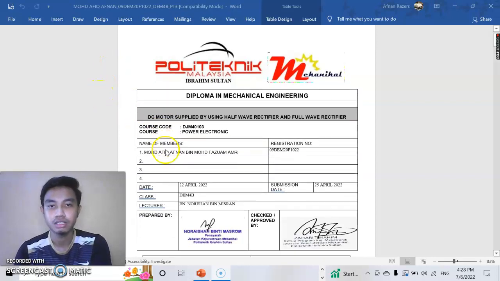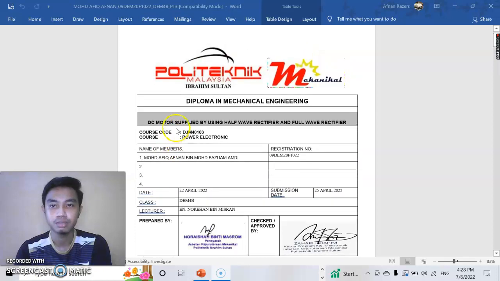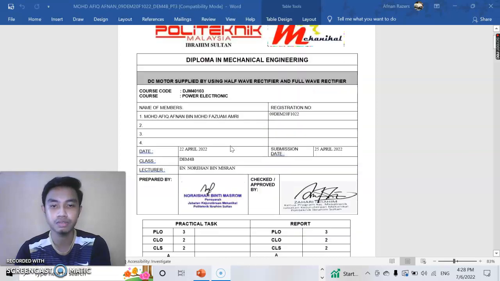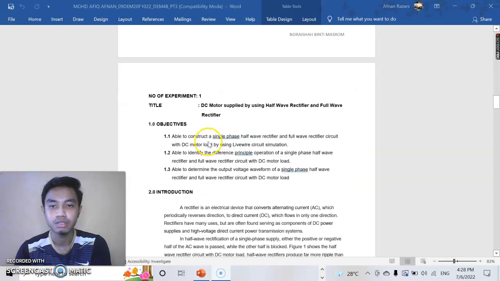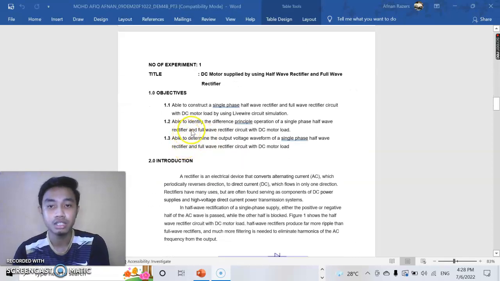So today we'll explain about the practical task 3, DC motor supply by using half wave rectifier and full wave rectifier. First of all, I will explain the objective of this practical task 3, which is to be able to construct a single phase half wave rectifier and full wave rectifier circuit with DC motor load by using Livewire circuit simulation.